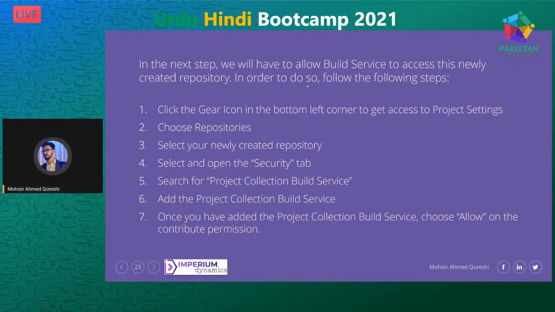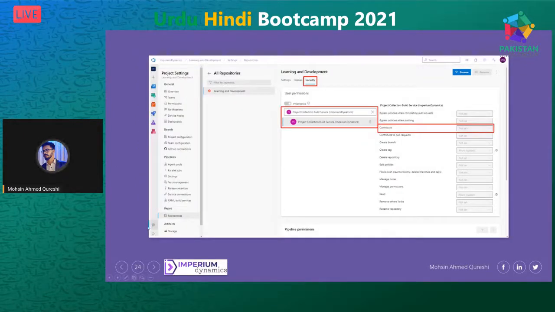What we'll need to do is click on this gear icon on the bottom left of your screen. Once you're there, click on the repositories option in this menu. Once you're in the repositories option, select whatever repository you have just created. The name can be anything; you can rename it according to your preference. Once you have selected that repository, go into the security tab, and then in the search bar over here, search for project collection build service.